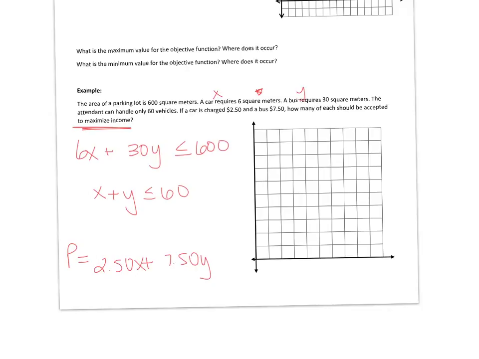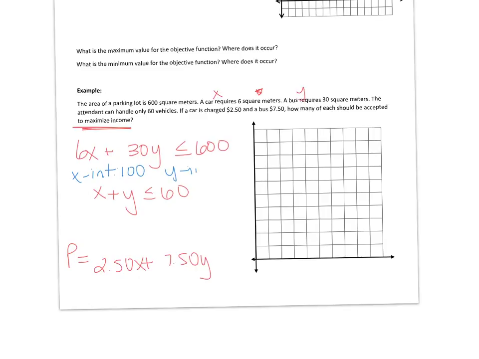Okay, so now I'm just going to kind of talk through a couple of things here. I want these graphs to be as good as possible because I want to be able to figure out where they're intersecting based on the graph. And so I'm going to start by finding my x and y intercepts. So my x-intercept here is 100, sorry.